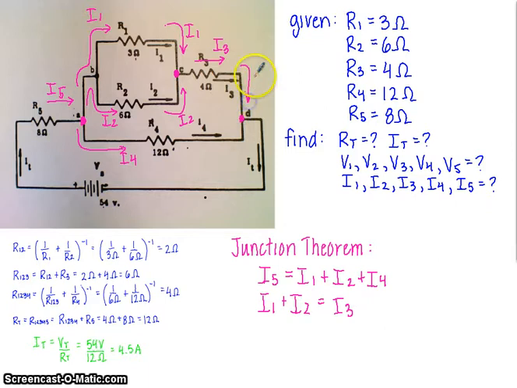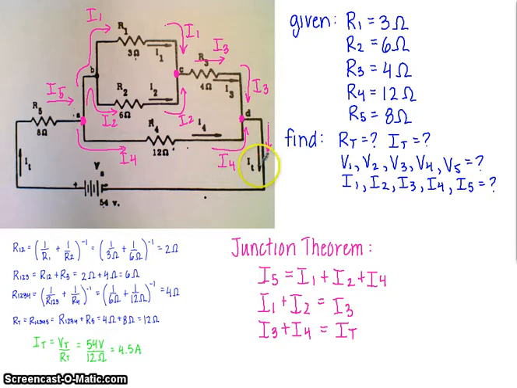We have the current coming through resistor 3 and the current coming through resistor 4 combining together to give us the total current in this circuit. So I3 plus I4, which is the current going into that junction, is equal to I total, which is the current coming out of that junction.